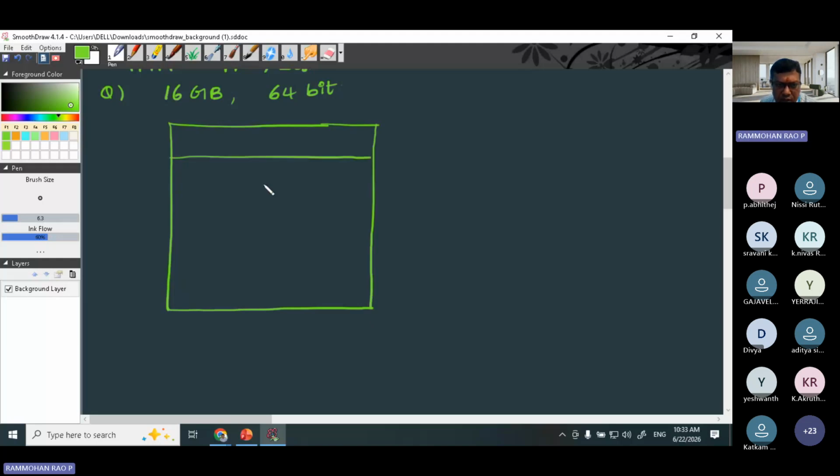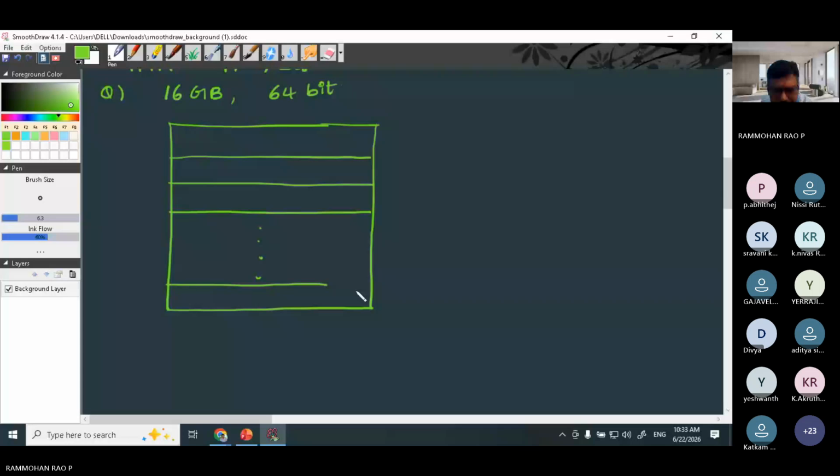So we know very well, main memory will be divided into pieces. Now in this example, what is the size of each piece? Please respond in the chat box. In this example, what is the size of each piece? So we have to calculate the number of memory locations. What is the size of each piece?